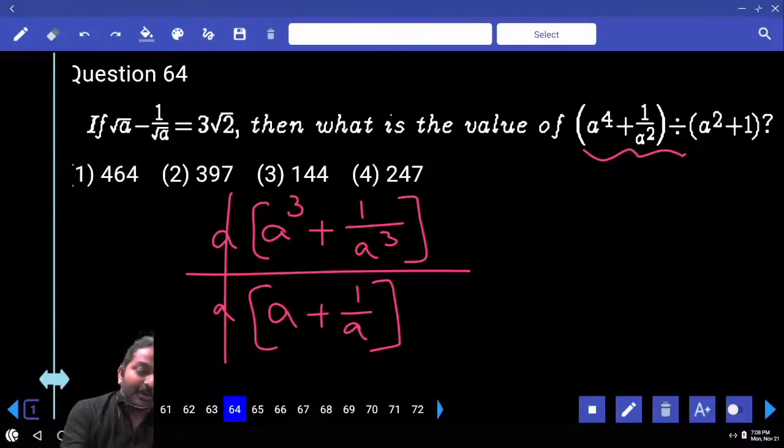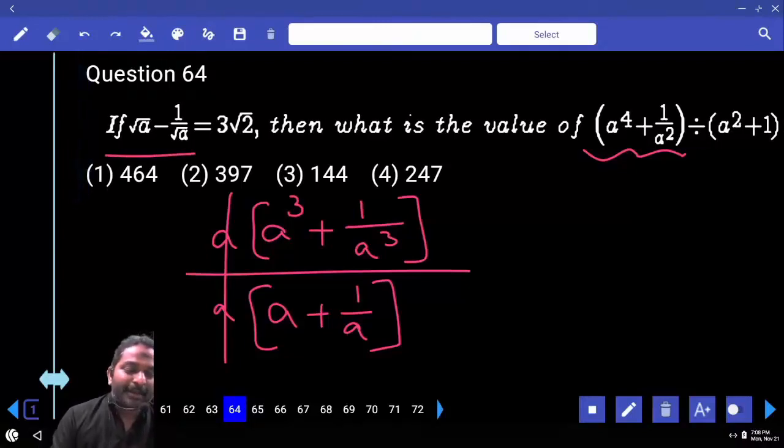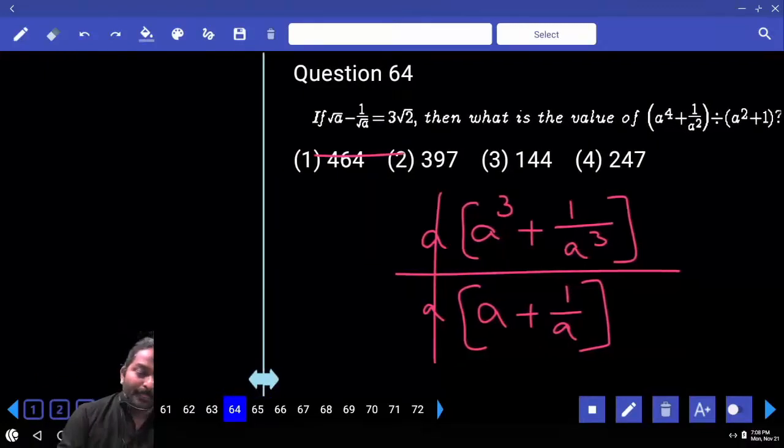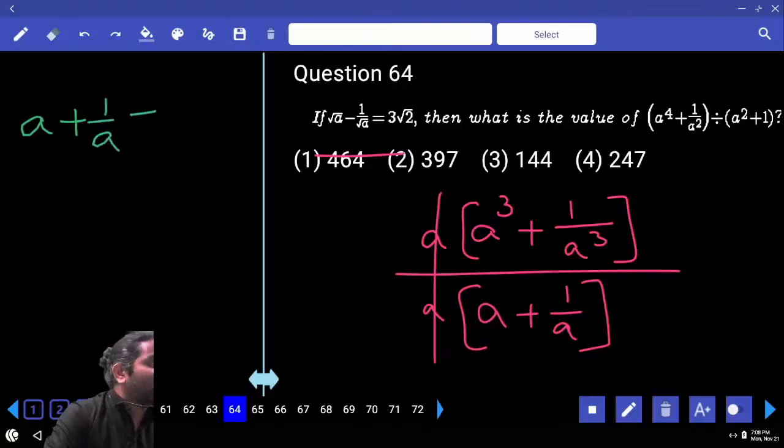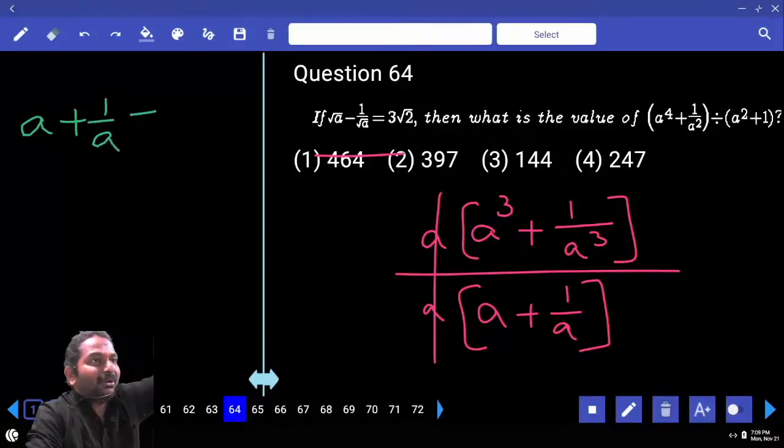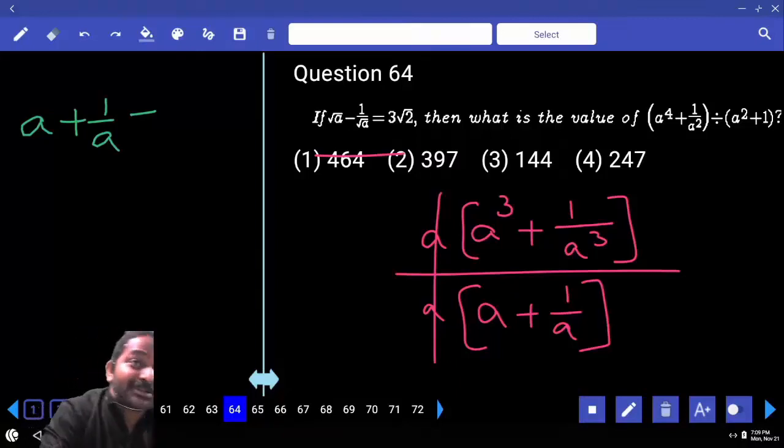Now root a minus 1 by root a is equal to 3 root 2. Yes? Squaring on both sides. Using x minus y whole square: x square plus y square minus 2 into x into y, that is minus 2 into root a into 1 by root a, how much?